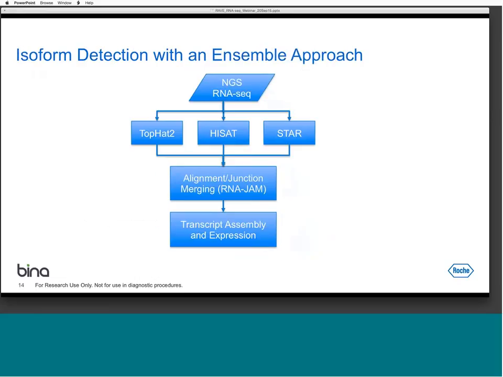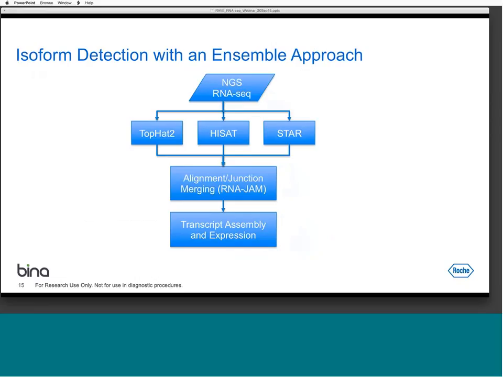So to address this, we developed an ensemble approach called RNA-Jam, which takes the alignments from many different aligners, in our case, 3 different aligners, TopHat2, HISAT2, and STAR, and then merges them to form a merged alignment BAM file.